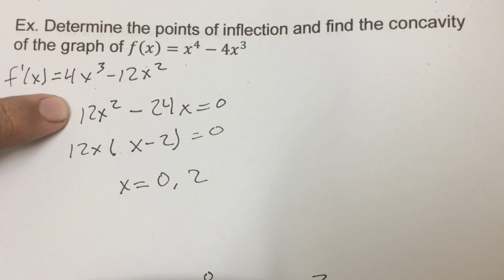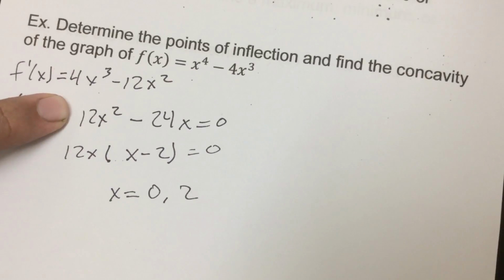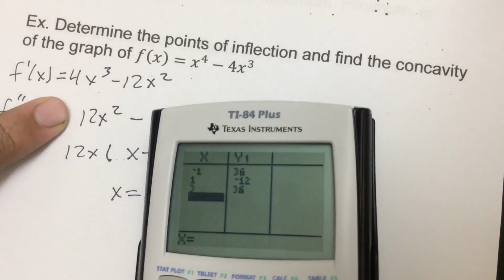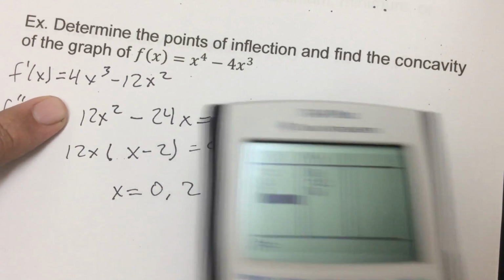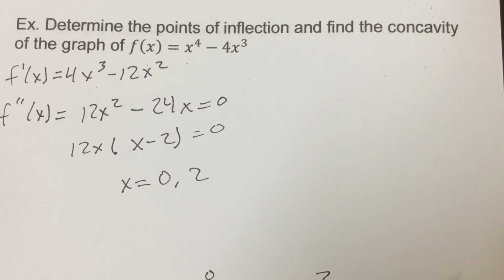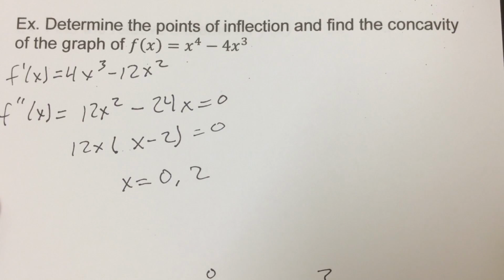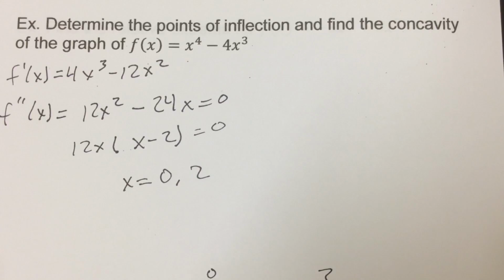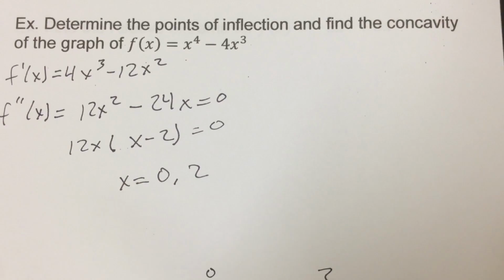Second table, and delete these out. I'm going to put in -1, 1, and 3. So looking at this, we go positive, negative, positive. So we'd be up, down, up.